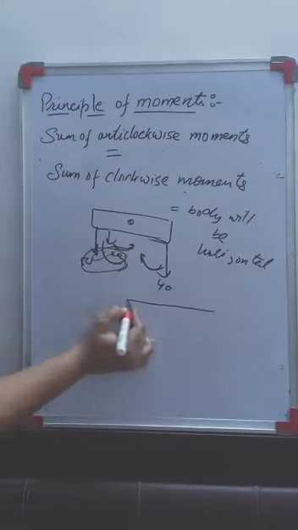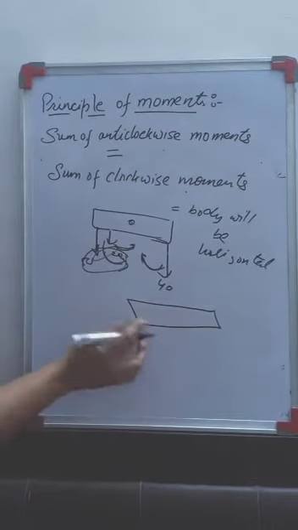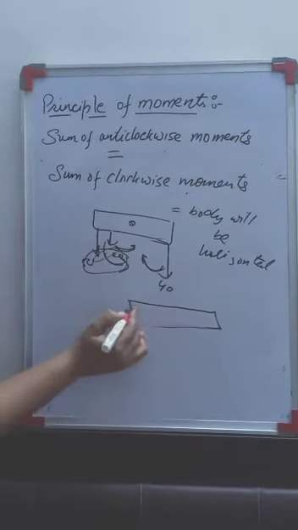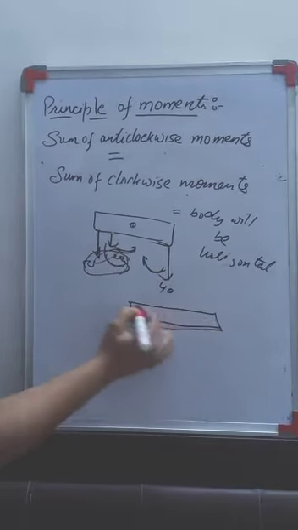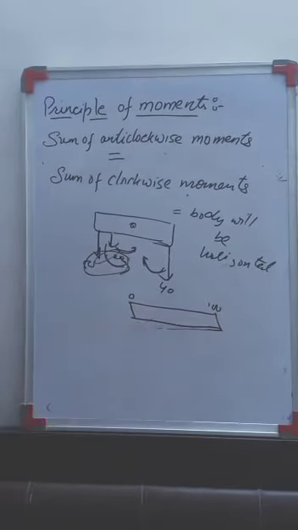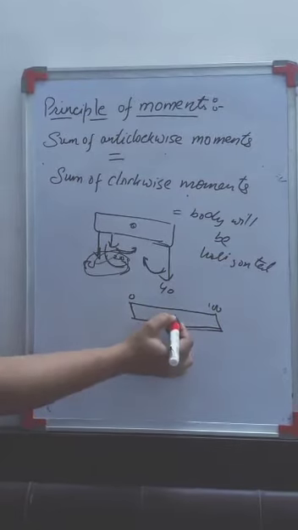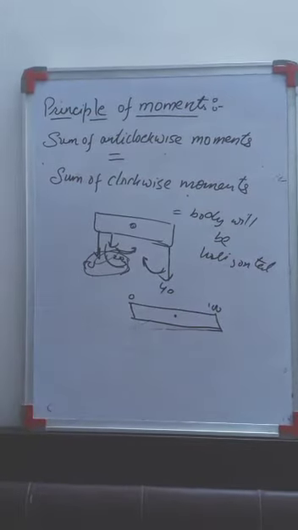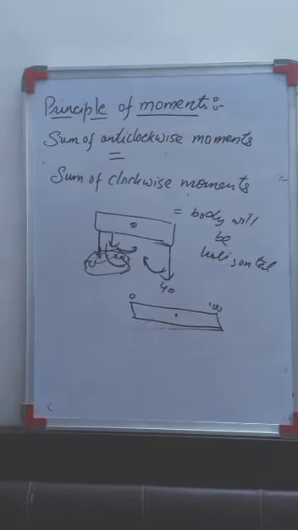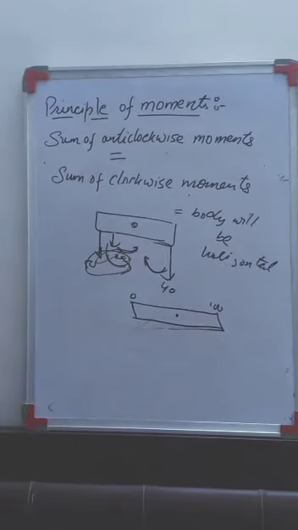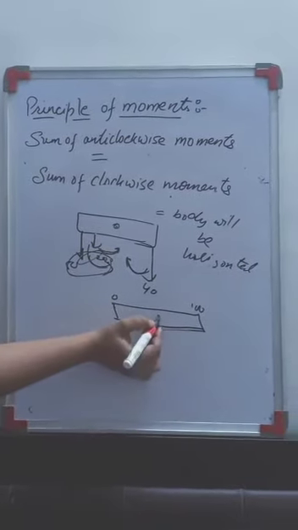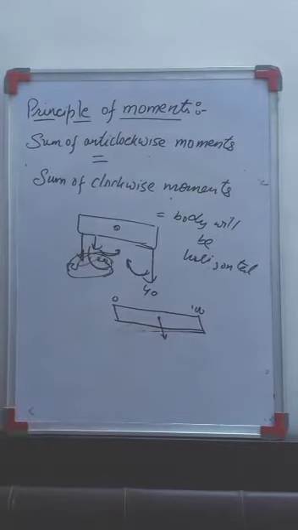Just like a scale, if I am taking a scale, then the scale is of how much? If I am saying it is up to 100 centimeters, and it is pivoted at the center, as we know the center of gravity of the scale is at its center, right? That means its whole mass will act at the center.